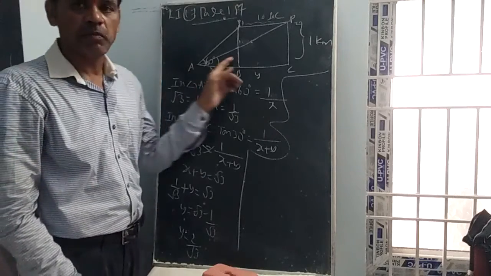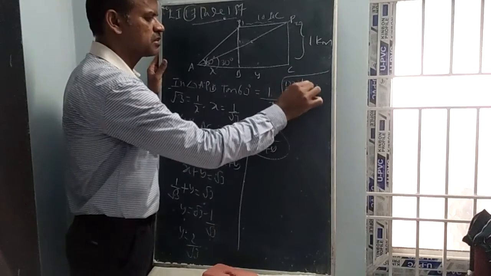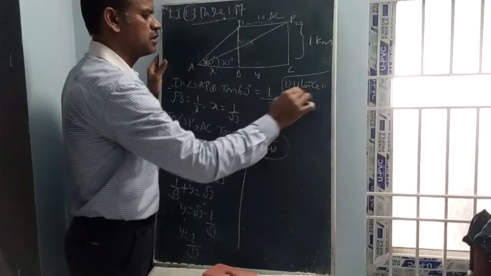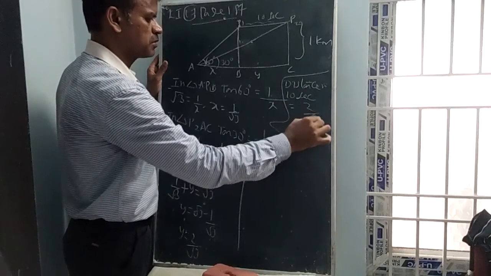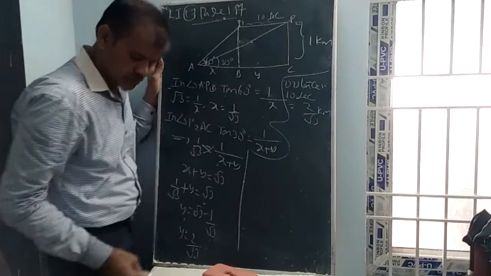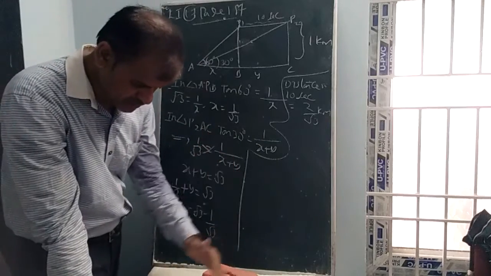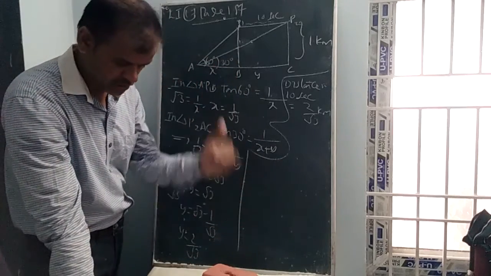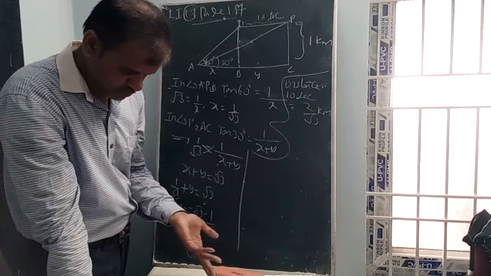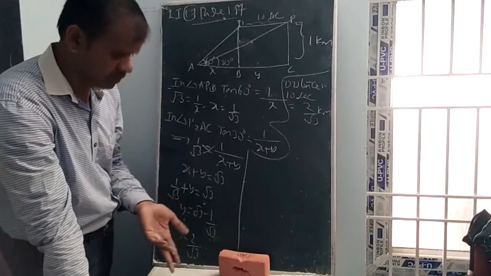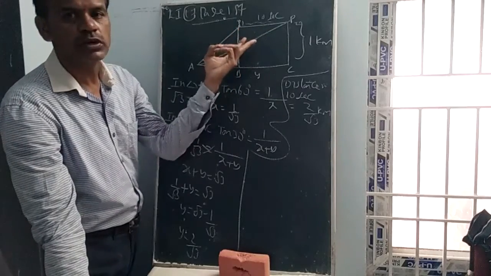Y means the distance covered by the plane in 10 seconds. Distance in 10 seconds is equal to 2 by root 3 kilometer. But he gave the height in kilometers, and in the options he gave the speed of the aeroplane in kilometers per hour, while the plane travels from position 1 to position 2 in 10 seconds.